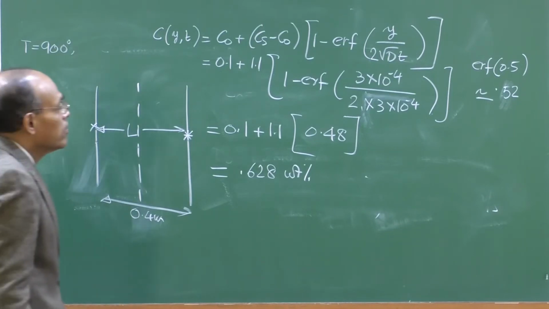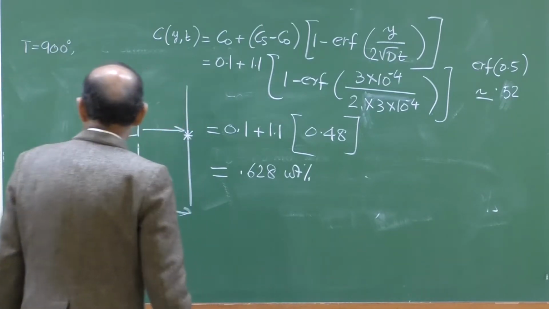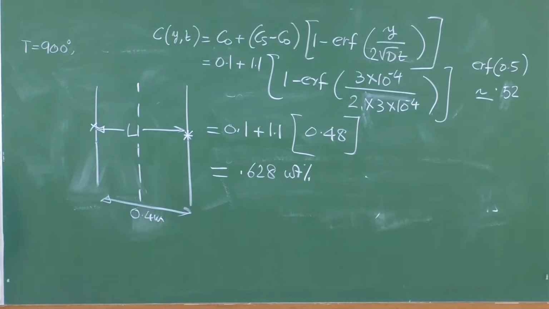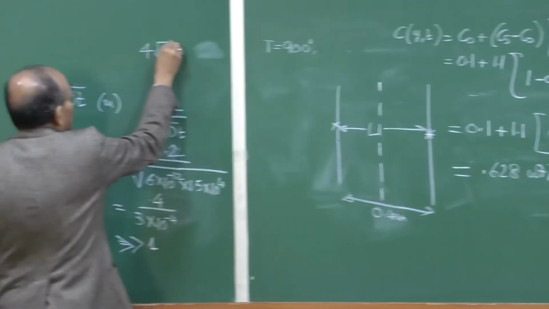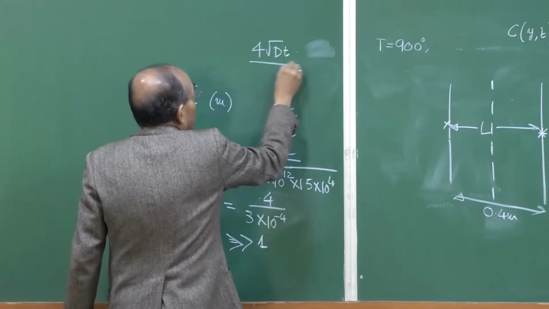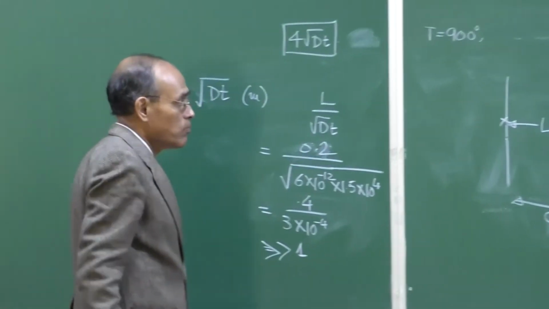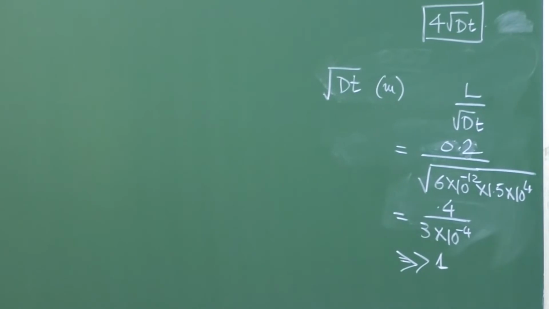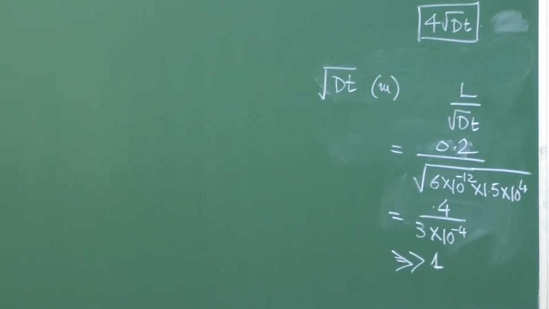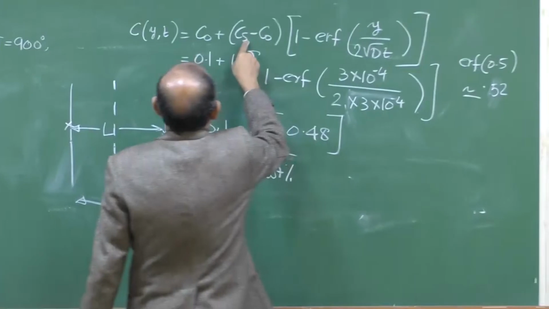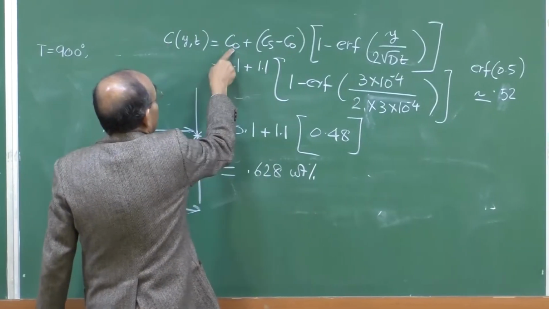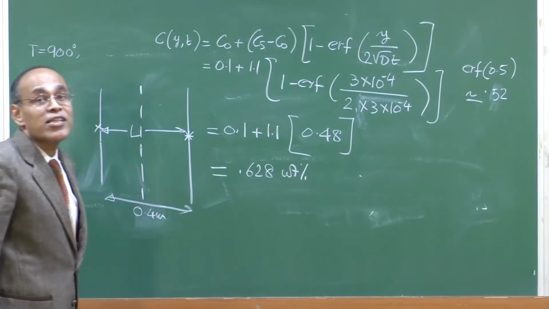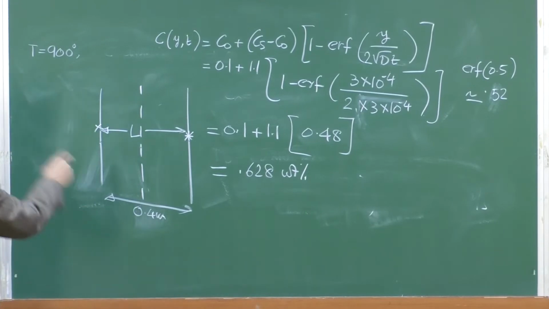Let us look at the penetration distance at the same time. The penetration distance is nothing but 4 times square root Dt. So, if you put y is equal to 4 times, then you get error function 2, and in that case what happens is this term becomes equal to 0 and this becomes equal to Cs. So, that is why 4 times square root Dt is called the penetration distance.